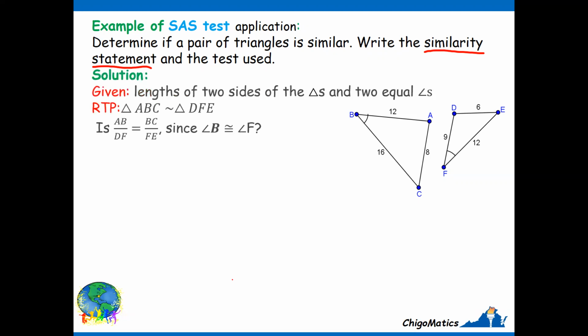So we are saying we are only given the two sides of the triangles and two equal angles, full stop. But before we go any further, the fact that we wanted to check on this, we are saying the sides we are supposed to work with, this is one of them, right? And this is one of them.